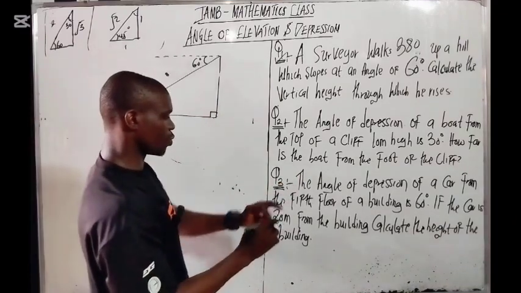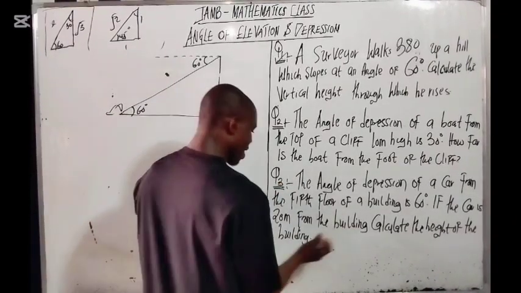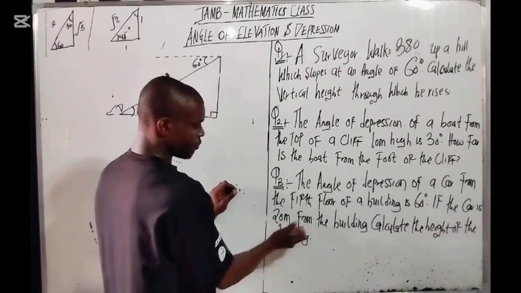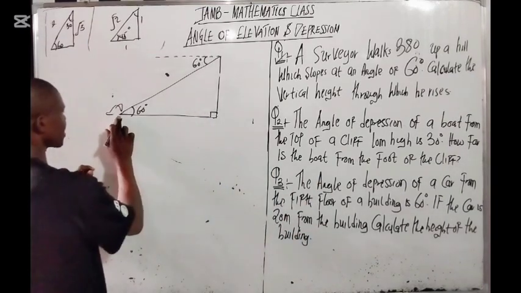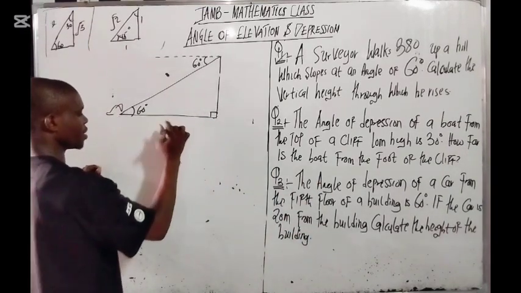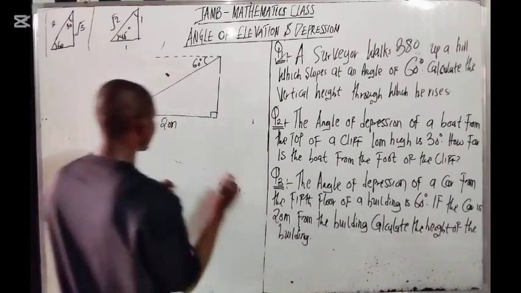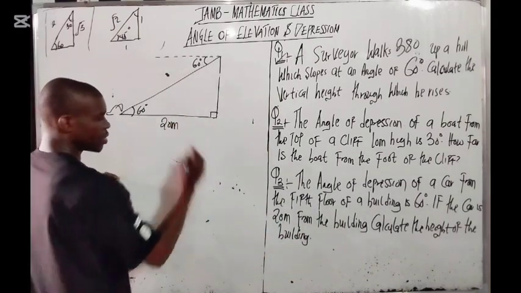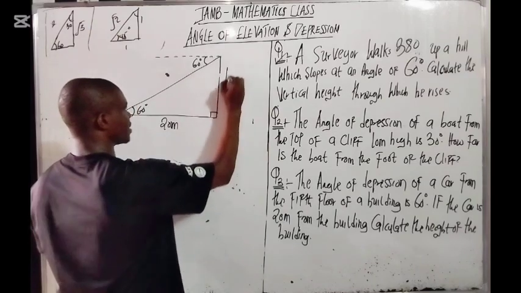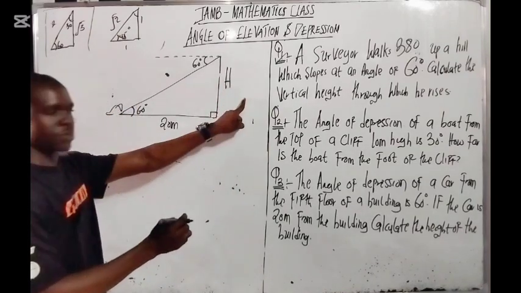When they say calculate, the car is 20 meters from the building here. So calculate the height of the building, which is the height here.